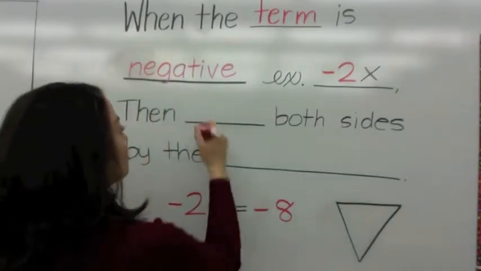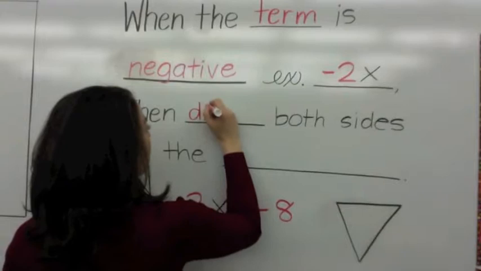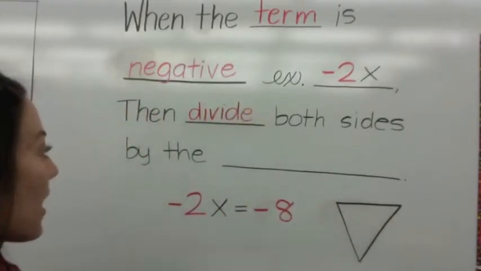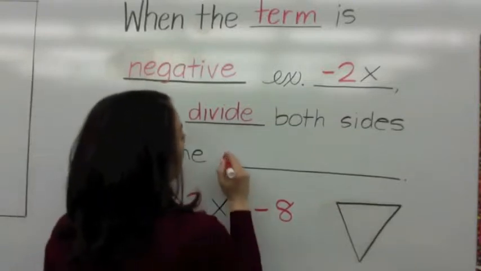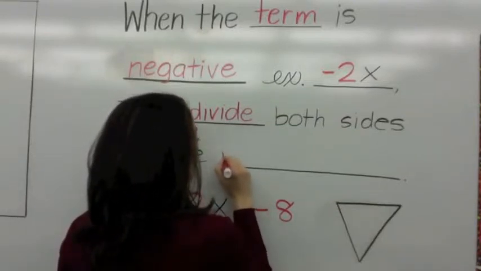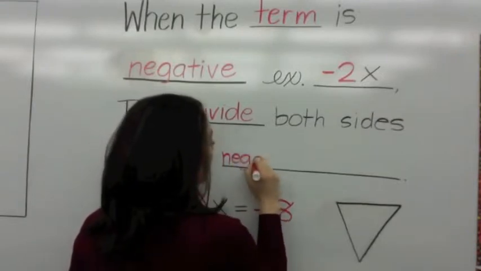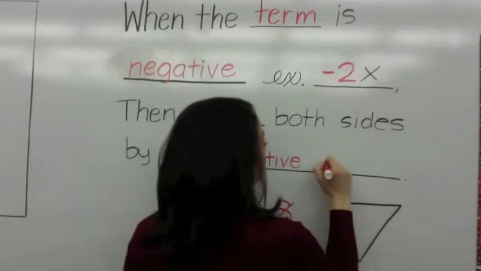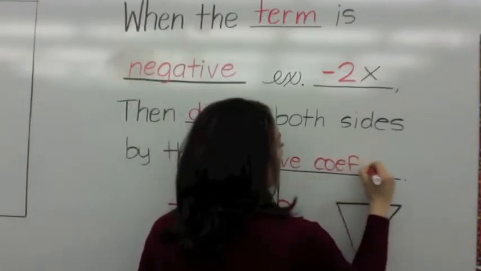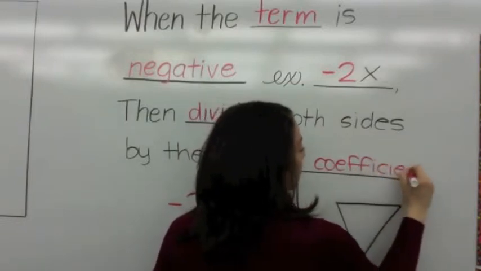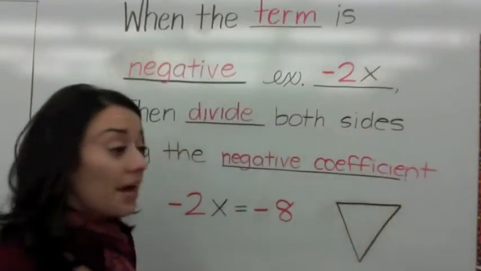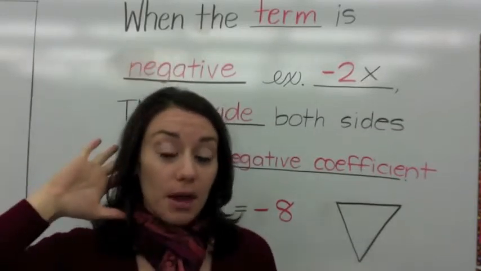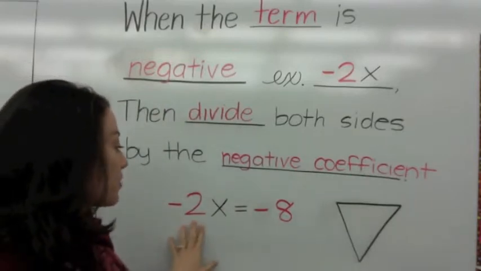Okay, so you want to divide both sides by the, this is going to be two words here, negative coefficient. Or another word for coefficient is number. Another word for coefficient is what? Number, okay? So you're going to divide by the negative number that is touching x.